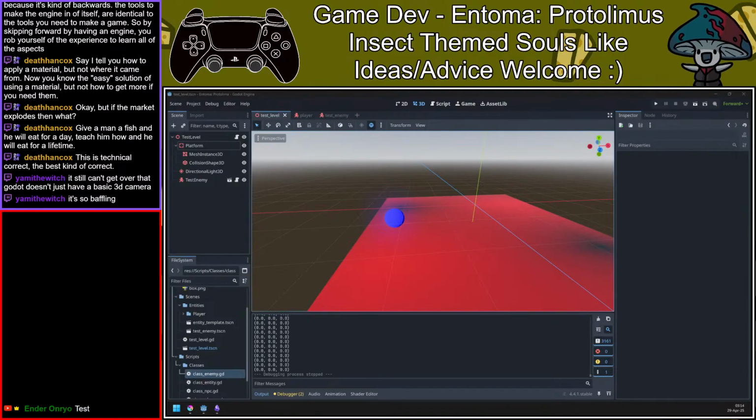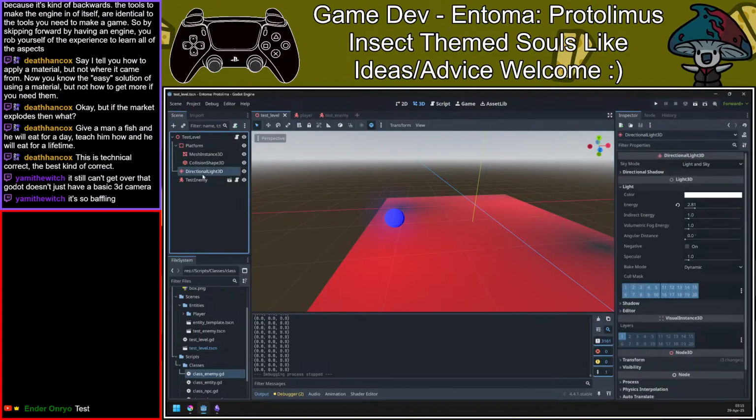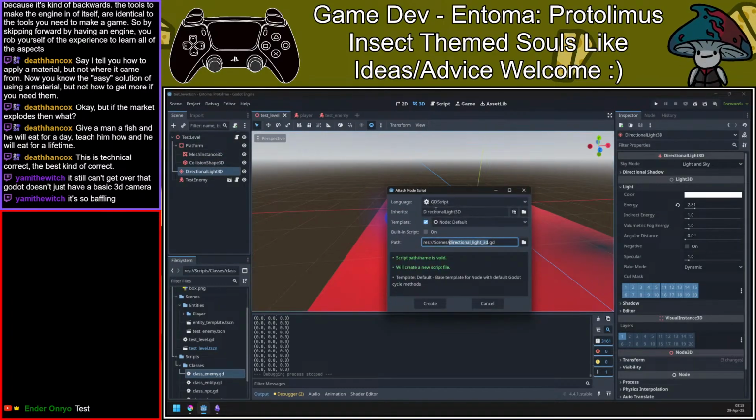Maybe it's just hidden. No, if there was a basic 3D camera, it would have been present in the templates.